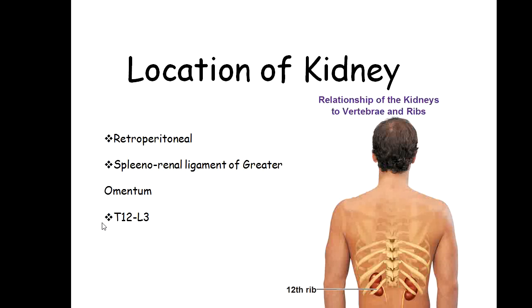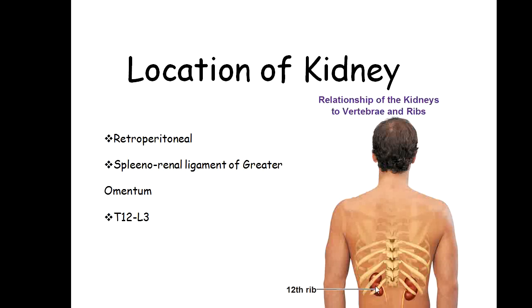But the right kidney is a bit lower than the left kidney. In the diagram you can see this is the right kidney and this is the left kidney. This man is dorsally, this is the back side of this man. So this kidney is a bit lower in position than this one.